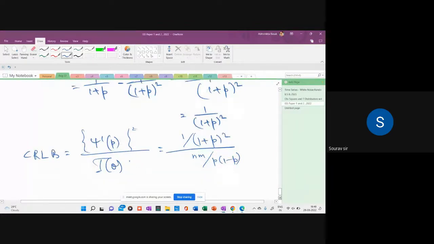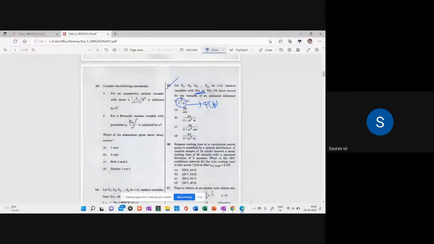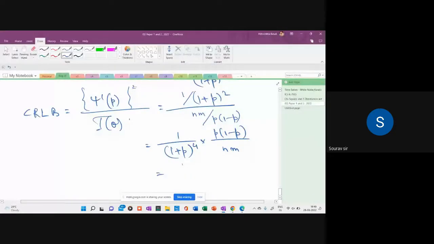This is 1 by 1 plus p to the power 4 into p into 1 minus p by n. So let me write it as pq by 1 plus p to the power 4 into nm.